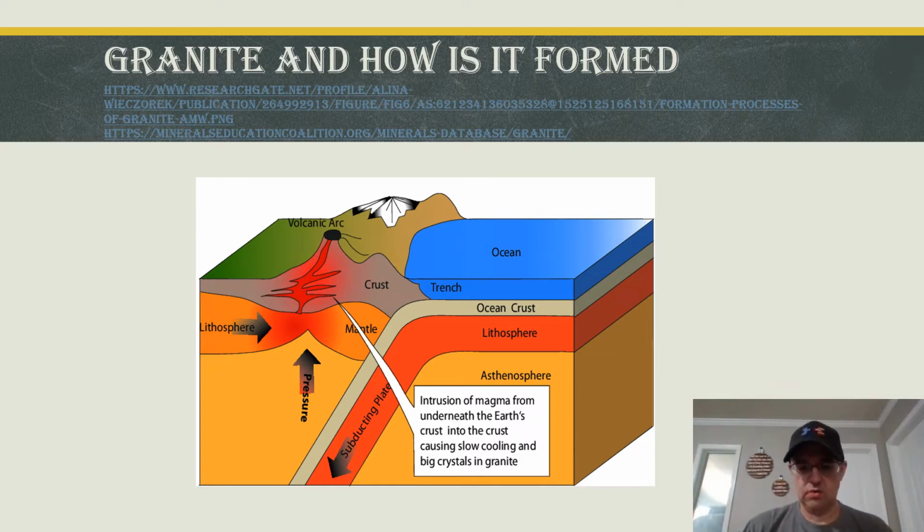And once it cools, it cools really slowly. So when it cools slowly, it exposes the larger crystals that are in it, and that is how the granite is formed. And when it does form, it's very coarse, so that allows you to see the bigger crystals that are actually in the granite.